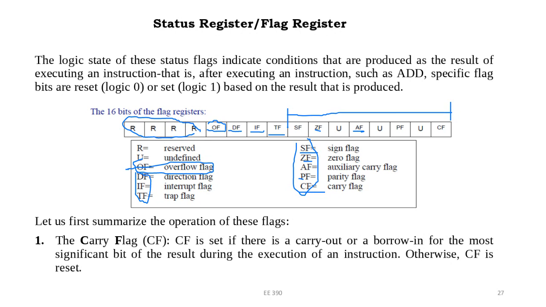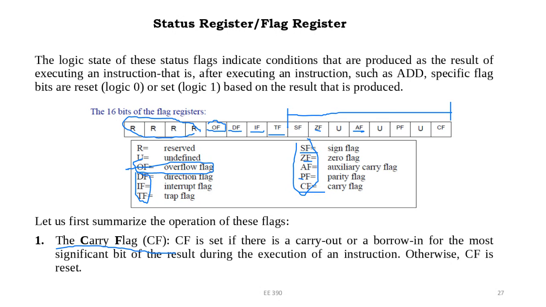So let us see when they are set and when they are reset. First of all, carry flag. Carry flag is set if there is a carry out or borrow in for the most significant bit of the result during the execution of an instruction. Otherwise, it is reset. So what does it mean?